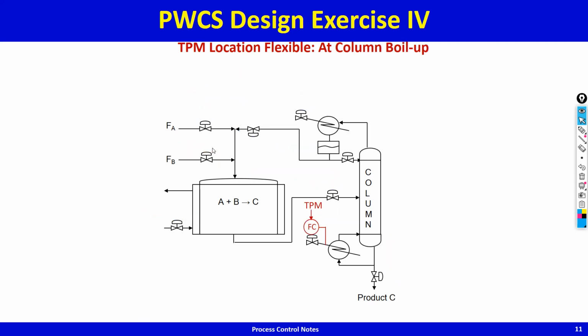You could also have, when the throughput manipulator location is flexible, and let us say the bottleneck unit is flooding in the column. When you want to maximize production, the column floods. What do you mean by flooding? The vapor rate in the column is so high that it starts entraining liquid from a tray and carrying it to the tray above it, and so there is liquid back mixing, and that drastically adversely affects the separation efficiency.